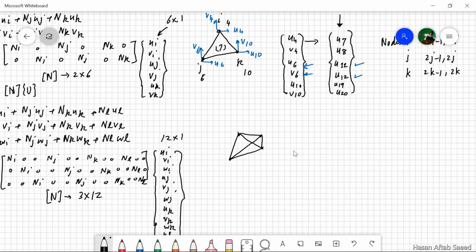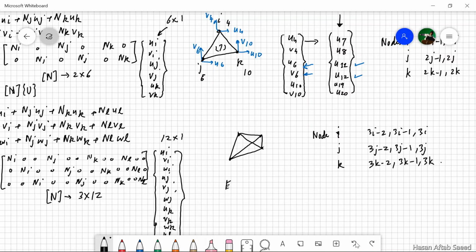So in this case, by the same thinking, each node will occupy 3 spaces, and those spaces in the global scheme will be, for nodes I, j, and k: for node I, 3i minus 2, 3i minus 1, and 3i; 3j minus 2, 3j minus 1, and 3j; and 3k minus 2, 3k minus 1, and 3k.